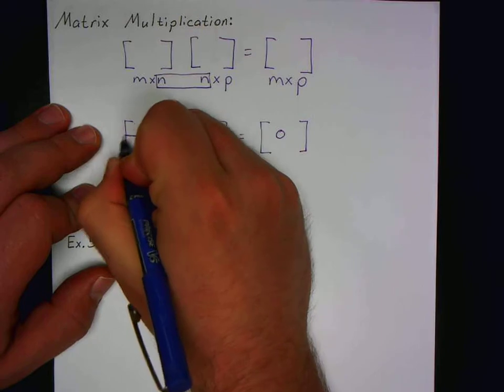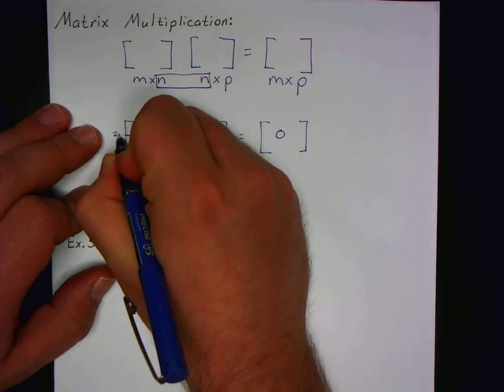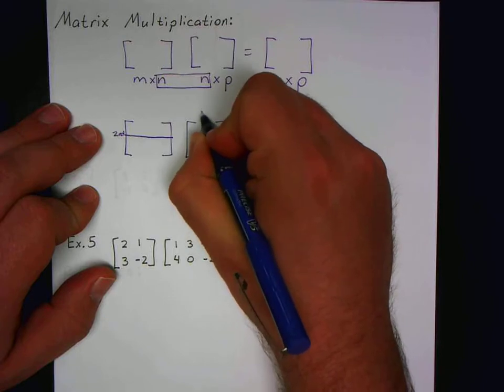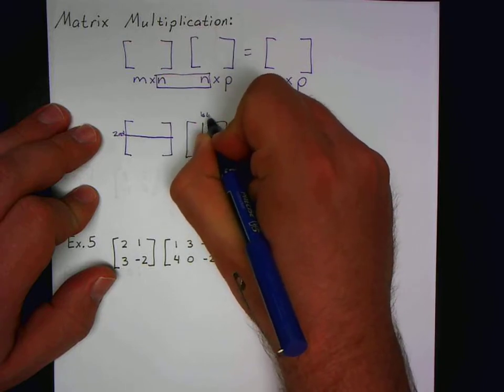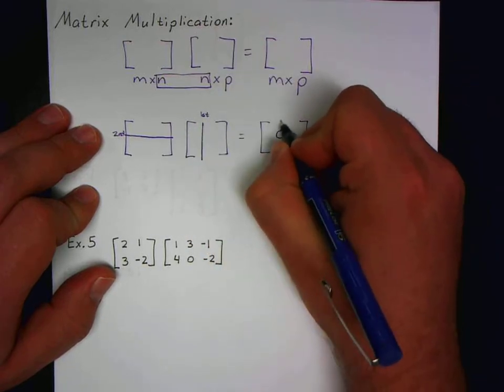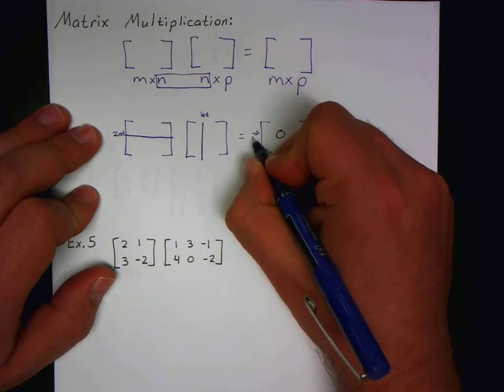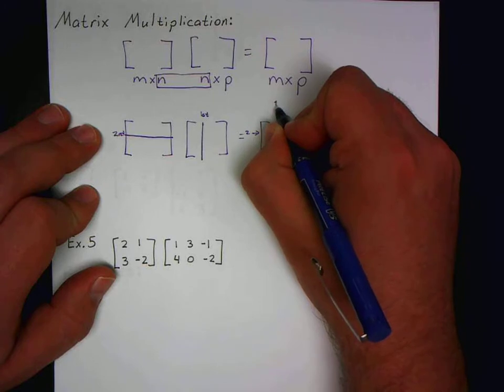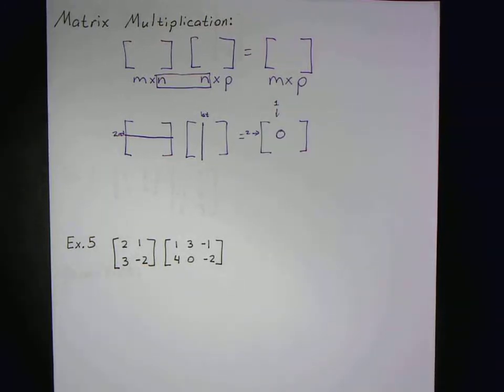If this is, let's say, the second row and first column, then this answer goes in second row, first column. So whatever row and column you use, that's where your answer goes.